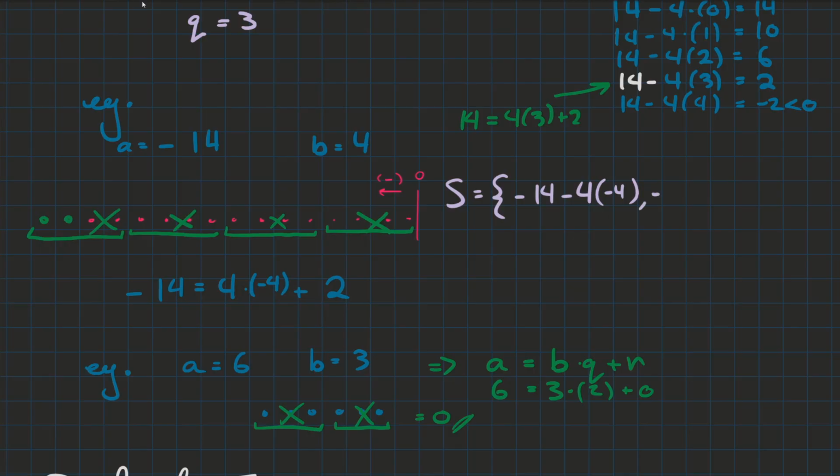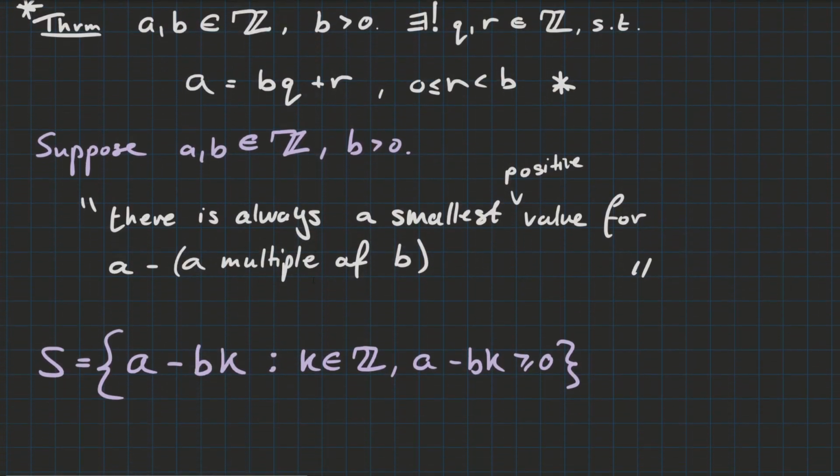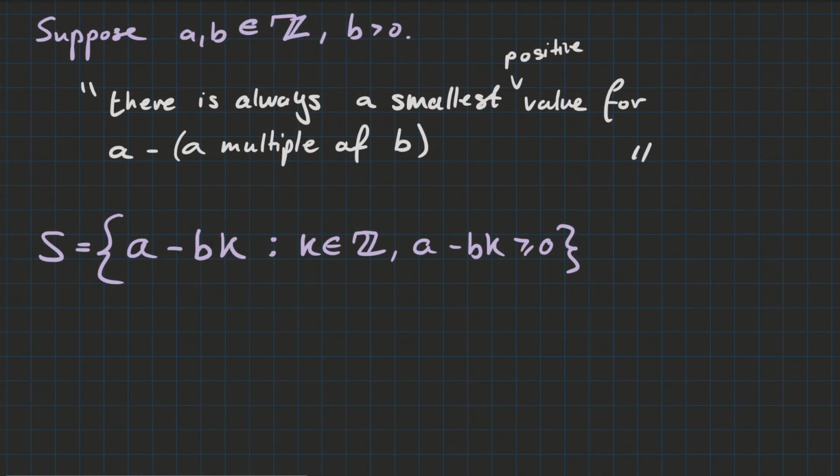Then we also have negative 14 minus 4 times negative 5, which is negative 14 plus 20, and we can keep going in that manner. So again, we're thinking about all the results of expressions like A minus BK, A minus B times an integer, where that integer might be negative. If A is negative, then K is negative. But we want that whole expression to be at least 0.